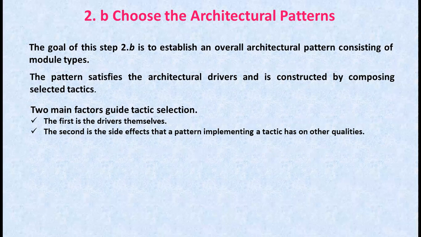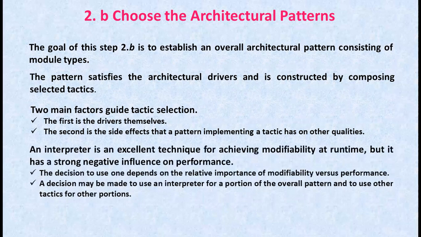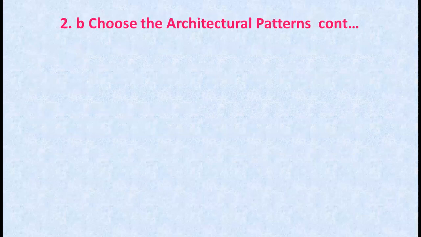So here a decision may be made to use an interpreter for a portion of the overall pattern and to use other tactics for other portions. So we choose an example of each, increase computational efficiency and choose scheduling policy. So this yields the following tactics. One is semantic coherence and information hiding.